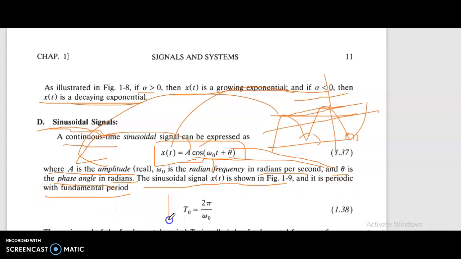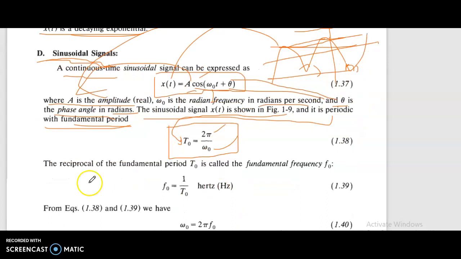Periodic with fundamental period T naught, which equals 2 pi divided by omega naught. The reciprocal of the fundamental period is called the fundamental frequency, f naught.